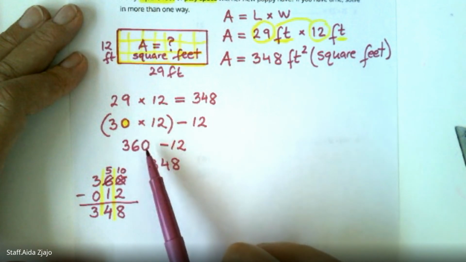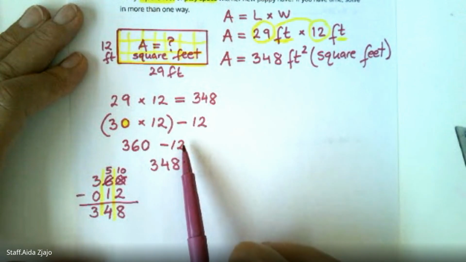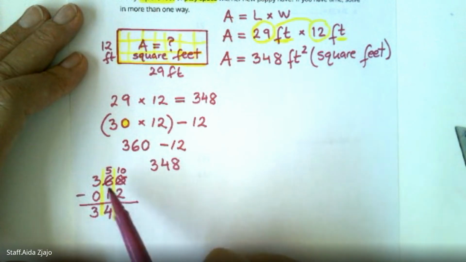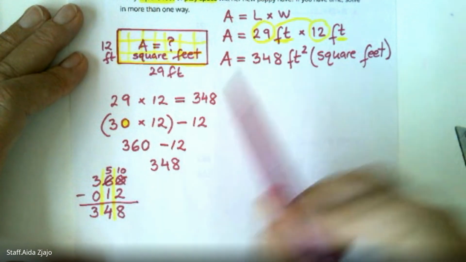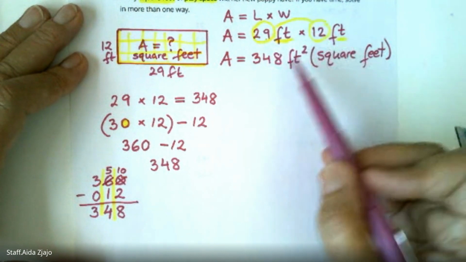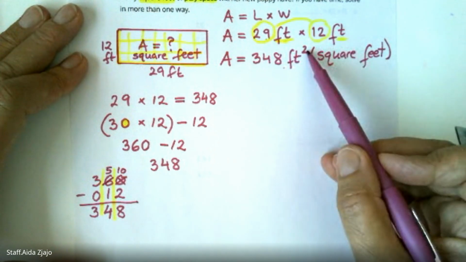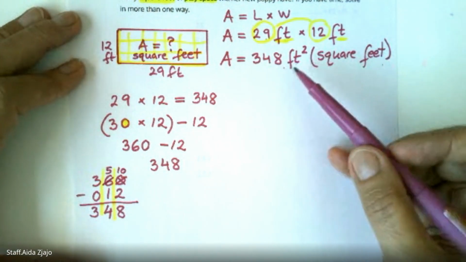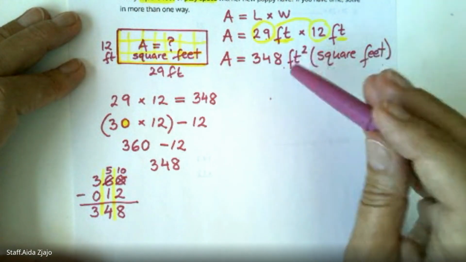Add the 0 or multiply by 10, get 360. Then I have to pay back 12. So now 360 minus 12 is 348. So 29 times 12 is 348. Feet times feet is square feet. And that is, the area of the play space will be 348 square feet.